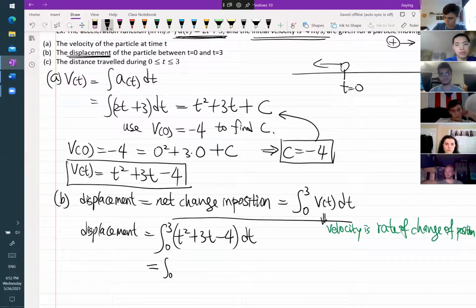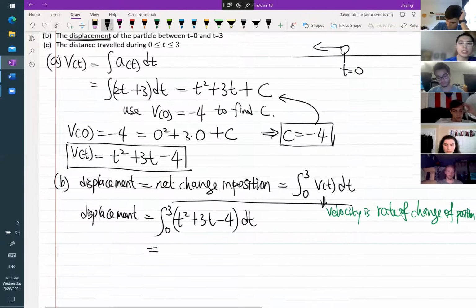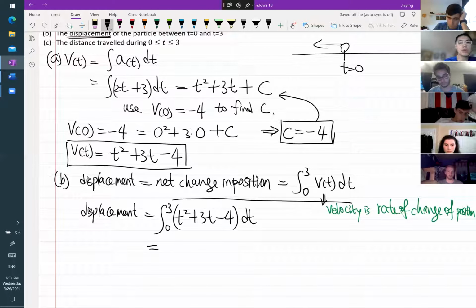So integrating the first term, t squared dt, I'm going to be a little bit lazy here, not writing that step. So t squared gives me t cubed over 3, right? If you recall that: add 1 to the exponent, divide by the new exponent. But we need to evaluate this from 0 to 3. You can evaluate later.